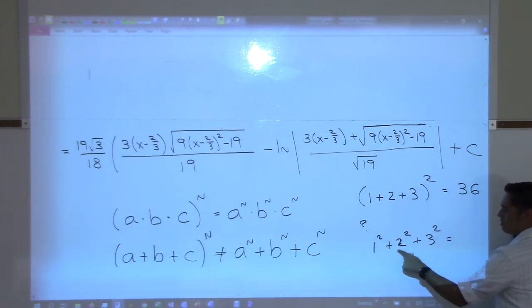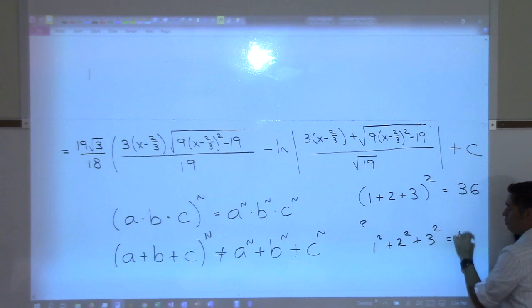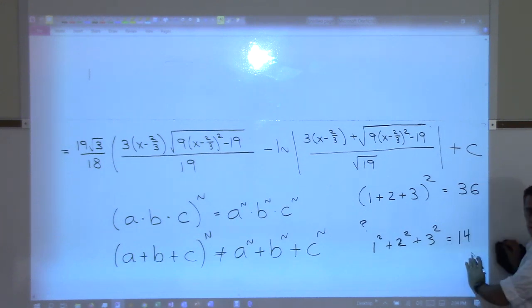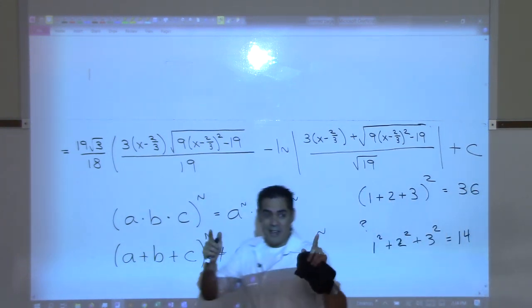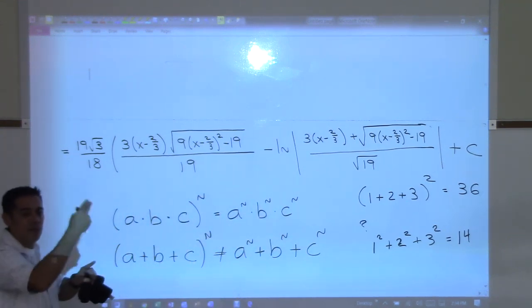So that's 1 plus 4 plus 9. What's that? 14, right? Do you see what I'm saying? So because it was addition or subtraction, you cannot break it up individually.